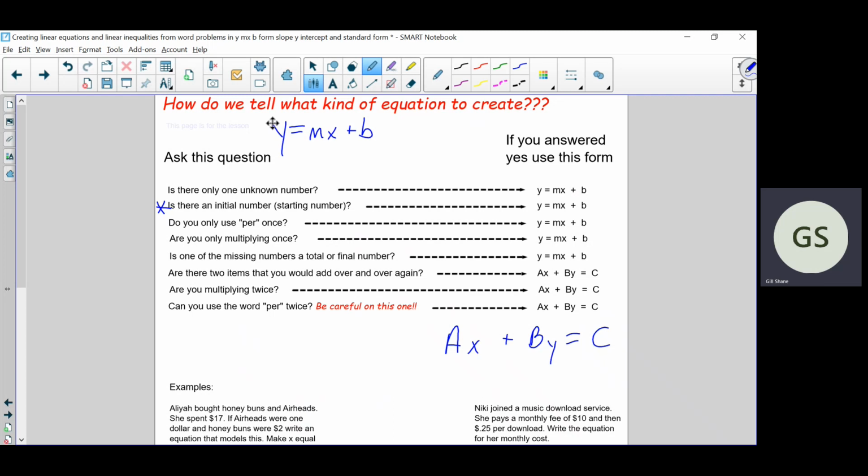What's another really common start? Oh, remember we did the one where we were doing the growth, like how high a plant was. The plant started at 5 centimeters, and then on top of that, it grew some every day.